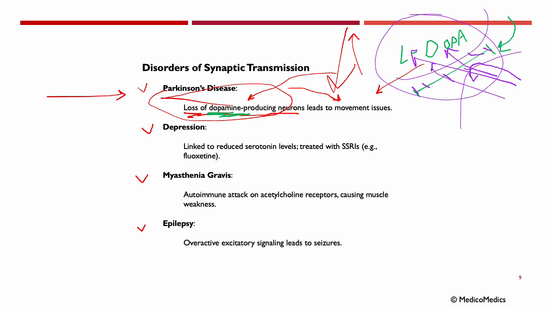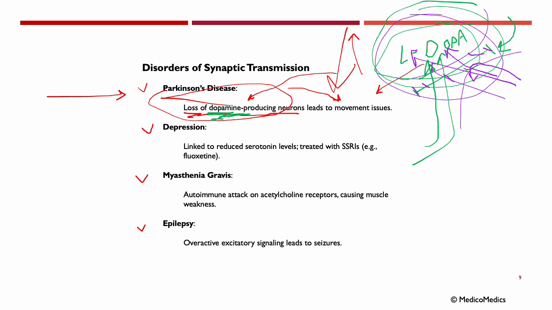Now, why is this relevant to Parkinson's? Because when we give levodopa, levodopa actually does cross the blood-brain barrier. Dopamine doesn't. So in this precursor form, levodopa goes through into the brain. So problem one solved. And then we have an enzyme that converts levodopa into dopamine. And that enzyme, for those who are interested, is called dopa decarboxylase.